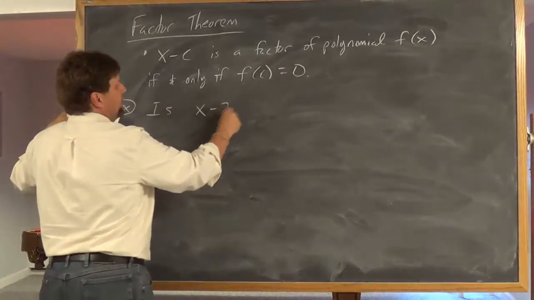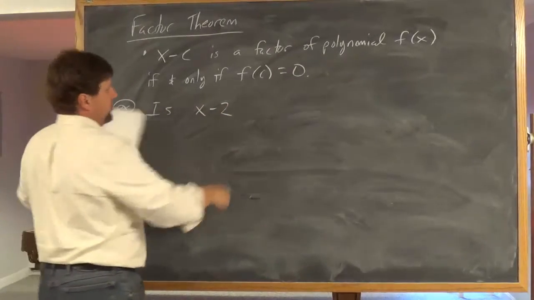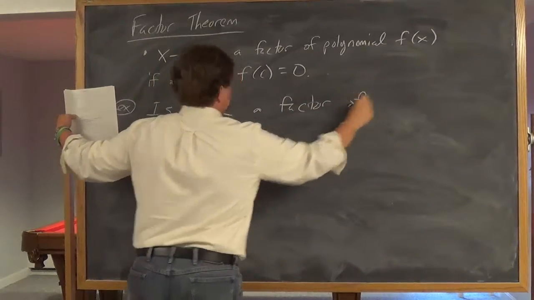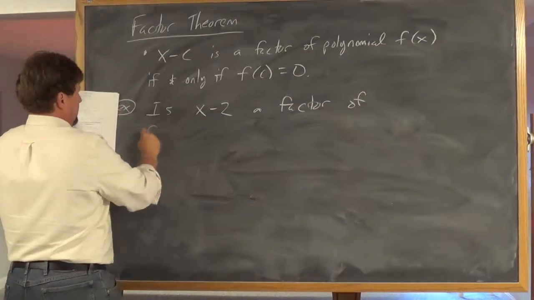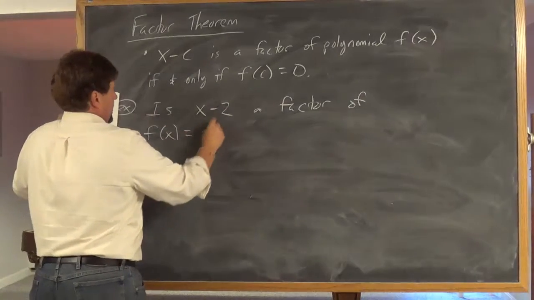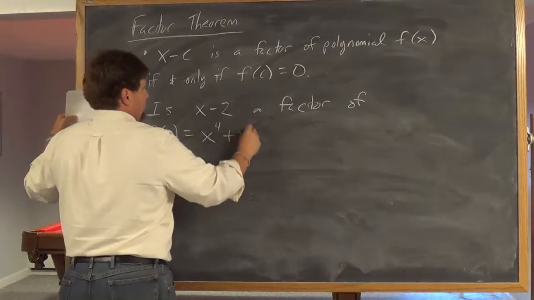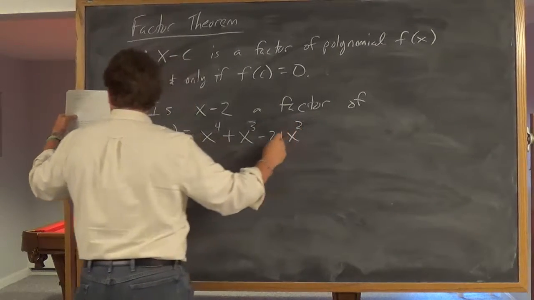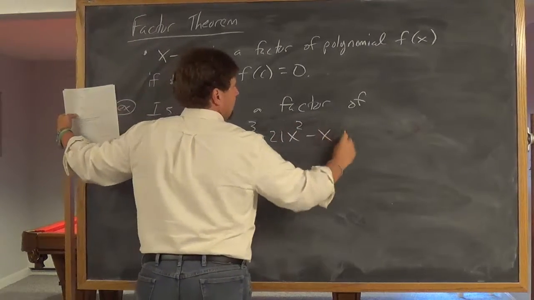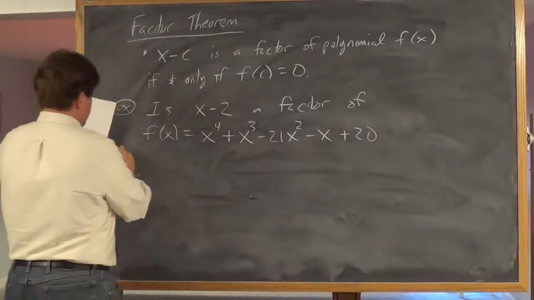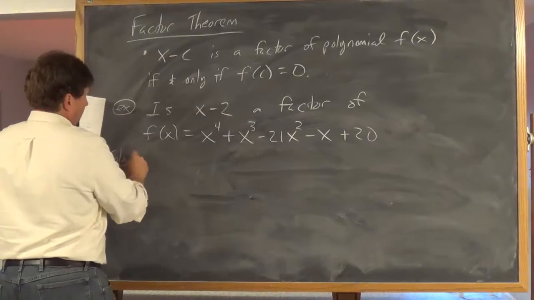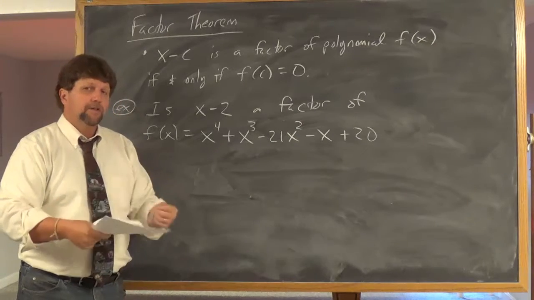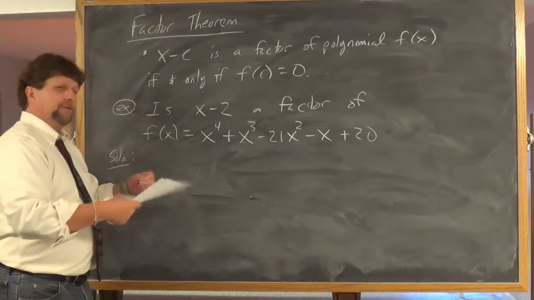Suppose I want to know, is x minus 2 a factor of the function x to the fourth plus x cubed minus 21x squared minus x plus 20? Well, the quick way to determine this is to use the remainder theorem.